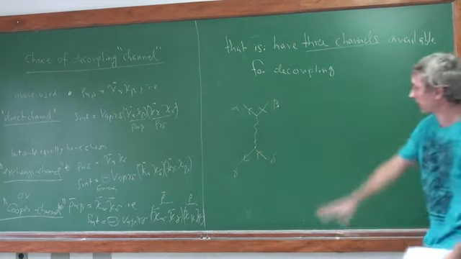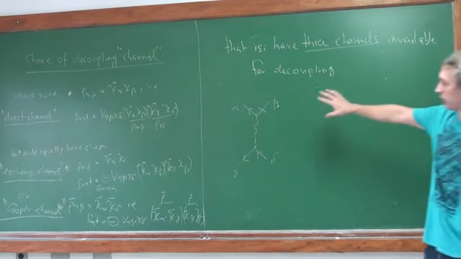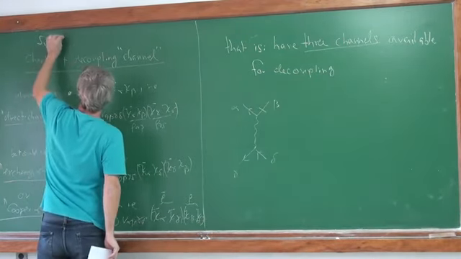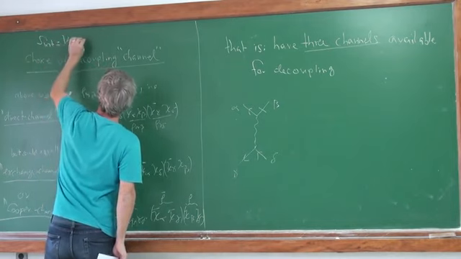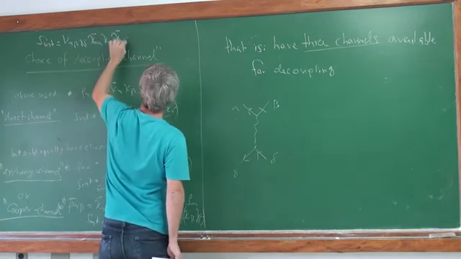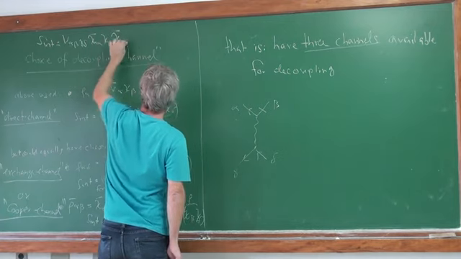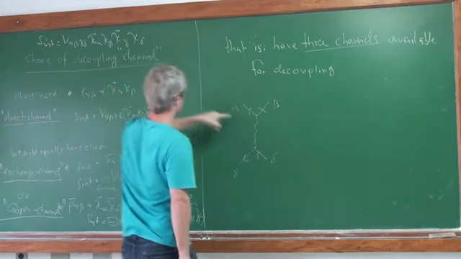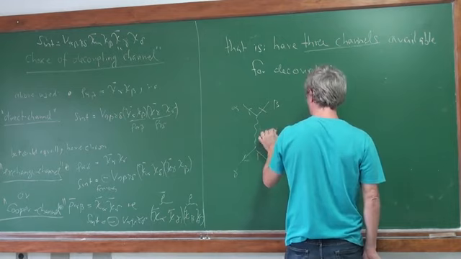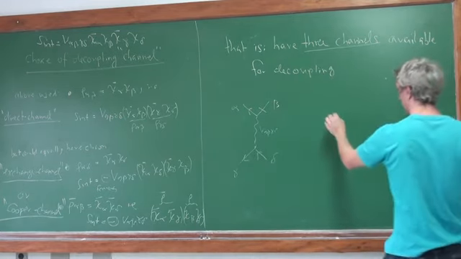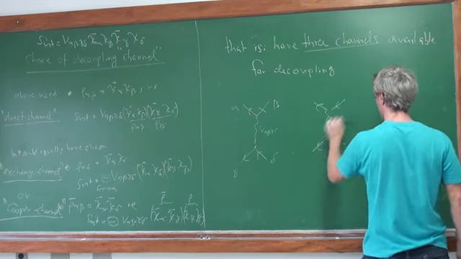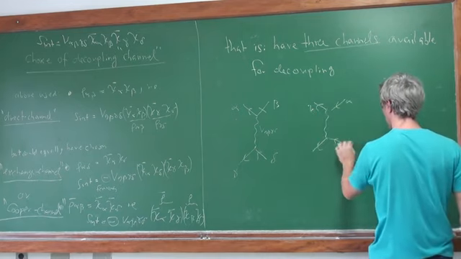So this would be a convention for how we could represent the interaction diagrammatically: delta, C bar alpha, C beta, C bar gamma, C delta. This would be the interaction line, gamma, delta. Okay, so now let's draw this three times. Alpha, beta, delta, gamma.